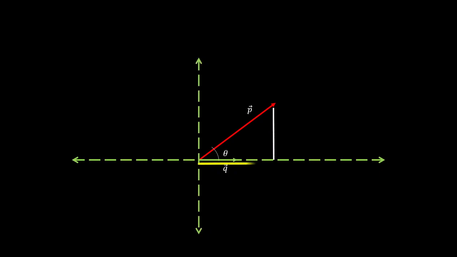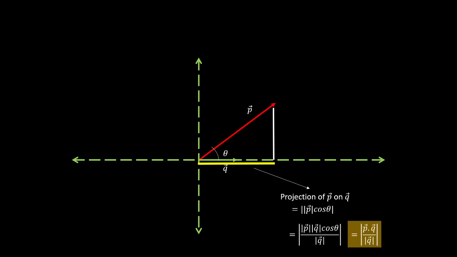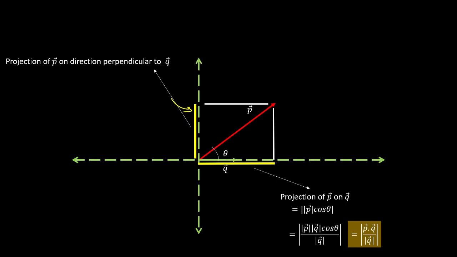And then we can think of a projection like this one, which we have already seen before. This is projection of P on Q, and that is the modulus of P dot Q divided by the modulus of Q. But we can also think about this projection, and that projection is the projection of P on the direction perpendicular to Q.